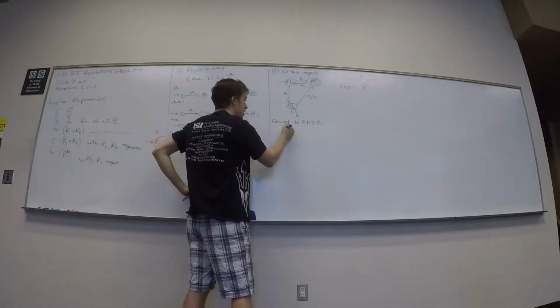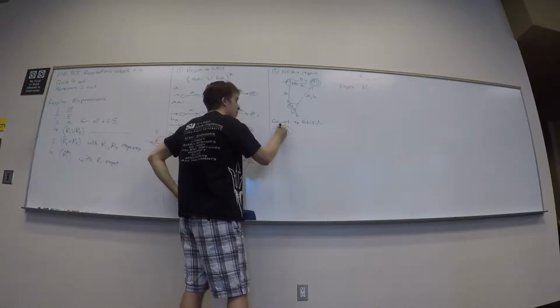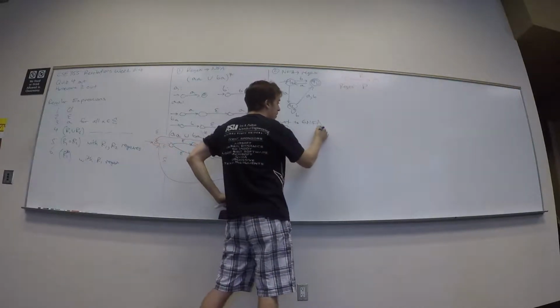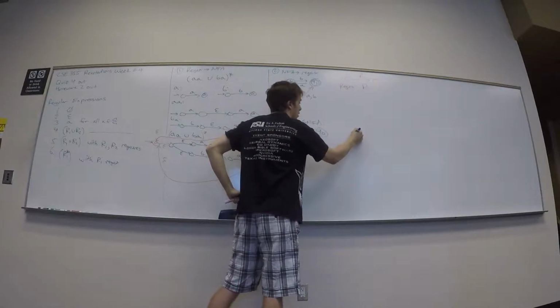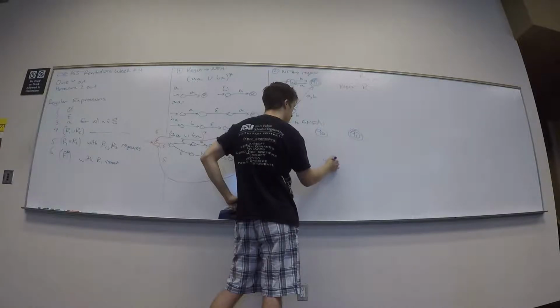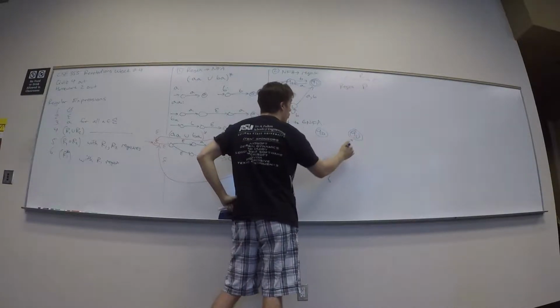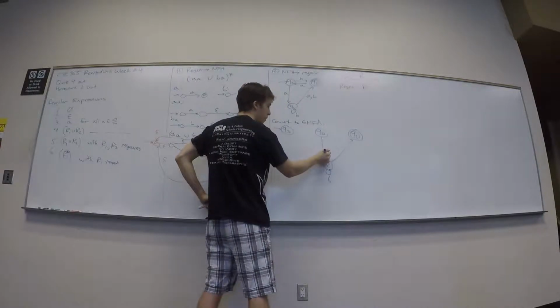So that seems like a good suggestion. So I'm going to call my new start state QS. And I'm going to leave the rest of the machine untouched for now.